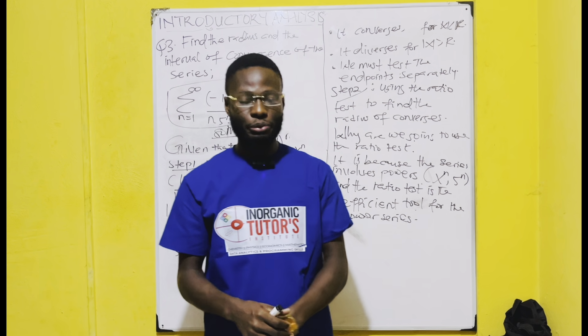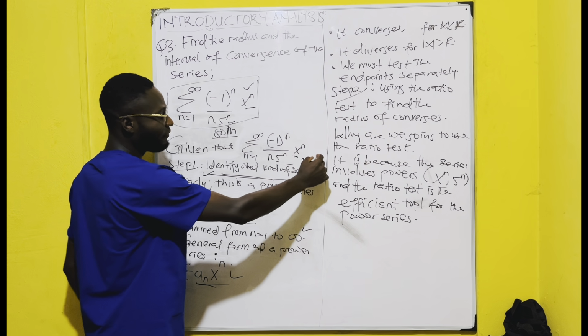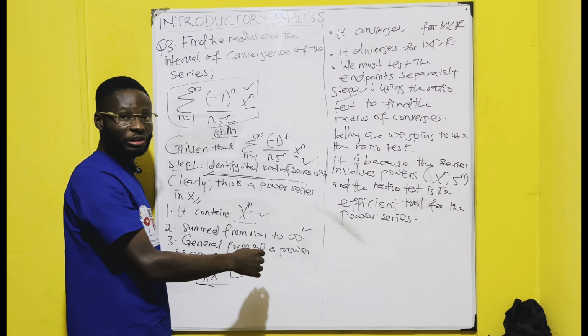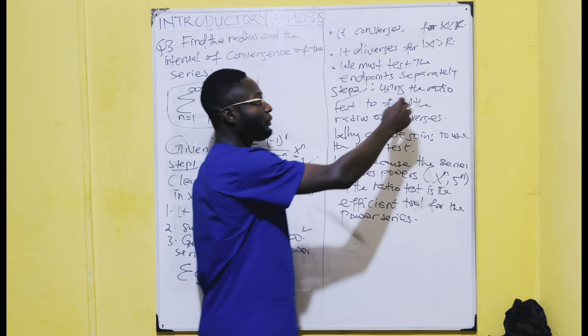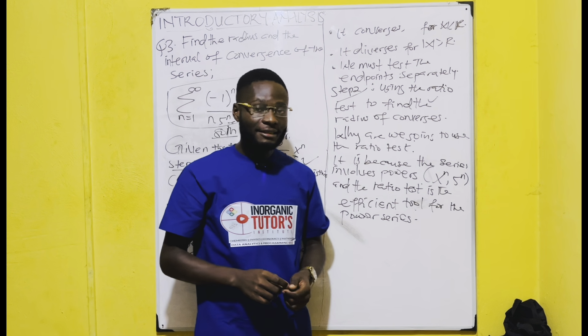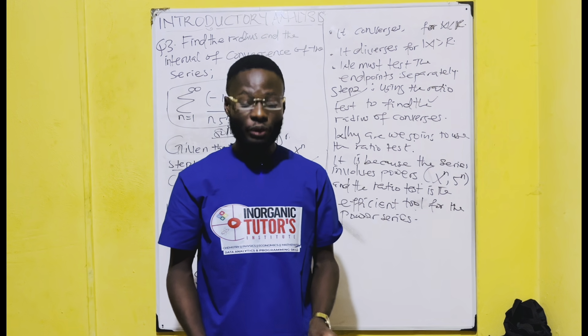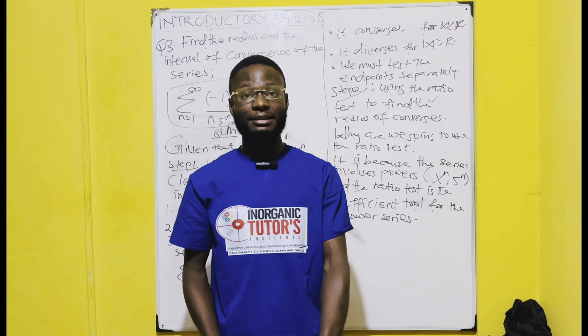What are we going to do? Once we have been able to know the first step and what goes into it, and we know the second step and what goes into it as well, then now let's apply the ratio test to start the process.